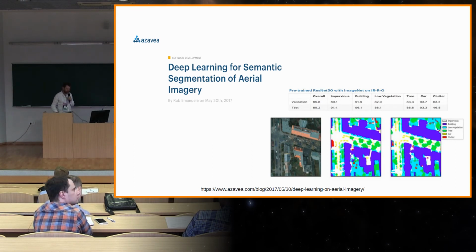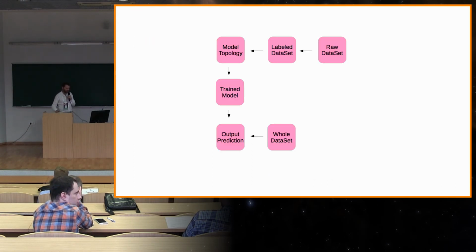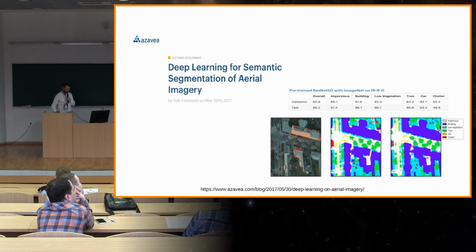The thing is that if we want to do that, we have to train the model with a labeled dataset, until we've got a trained model accurate enough to output good enough predictions. In this use case, what did they do? They used an already trained model that is not dedicated at all to aerial imagery.